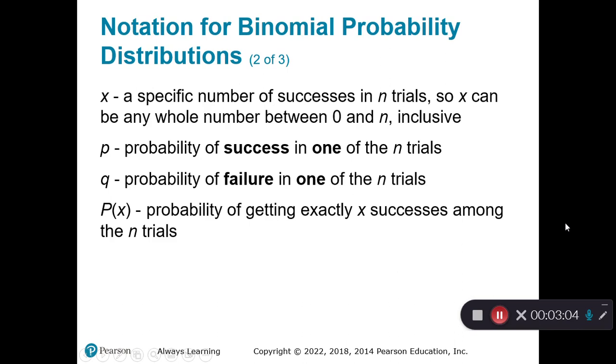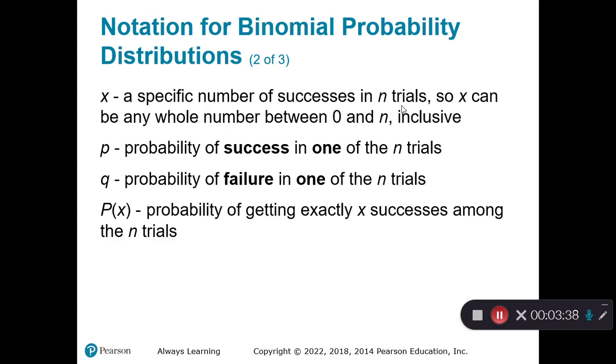X is our random variable, and it is going to count the number of successes among the n trials. So x can be any whole number between 0 and n inclusively. So for instance, let's say that we had 5 trials, and x is counting how many of those 5 trials ended in a success. Well, it is possible that none of the 5 trials ended in success. They were all failures. In that case, x would be 0 successes.